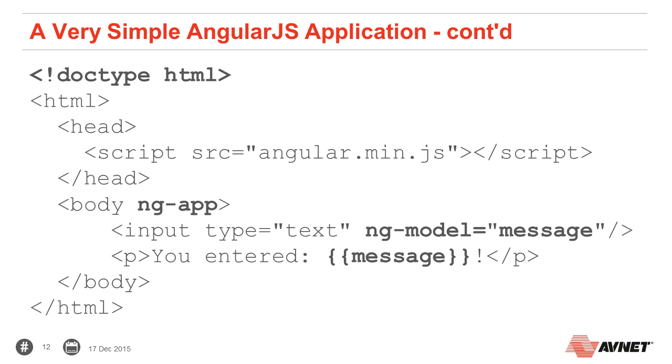So again, this is a very simple AngularJS application, but it illustrates some of the major points. This is an example of a template. Inside of this template, we're using these two directives, ng-app and ng-model. And we also have an example of a binding.